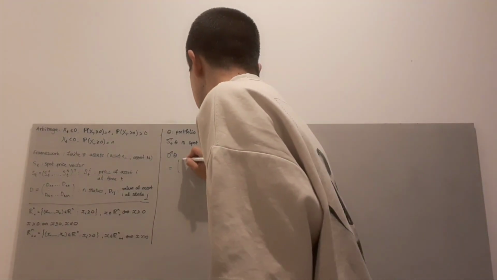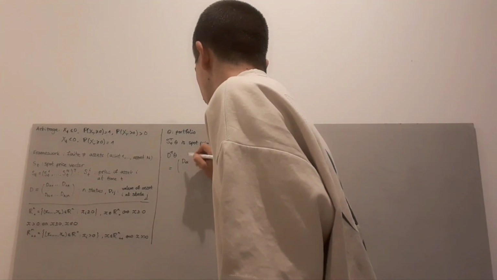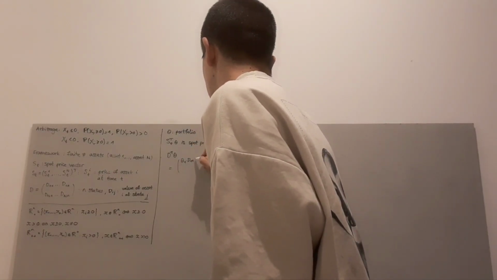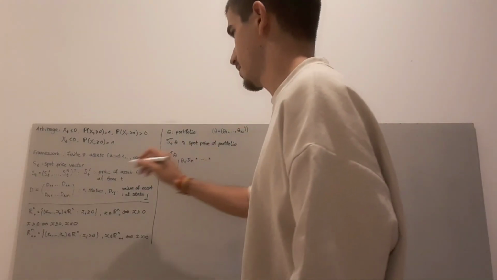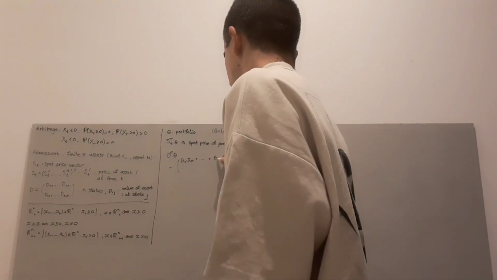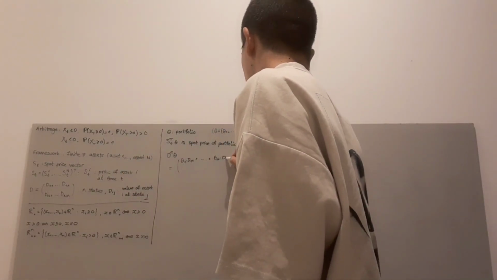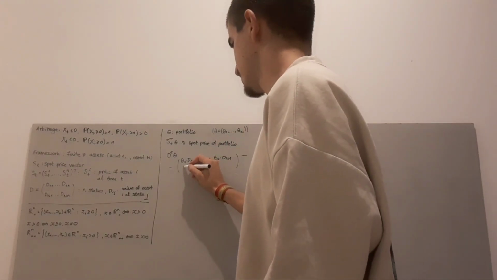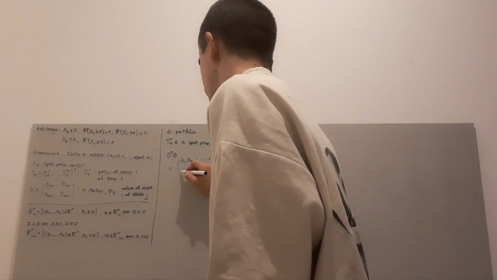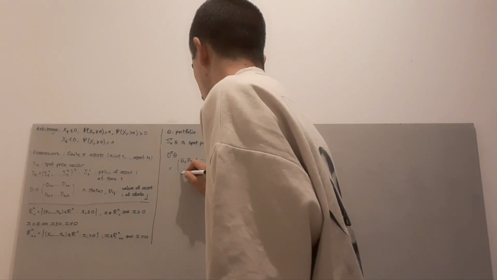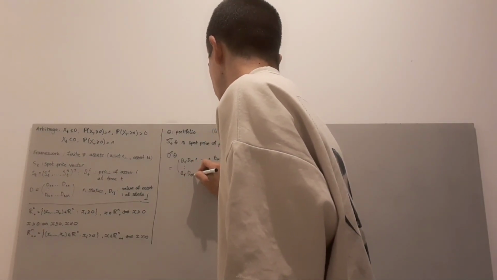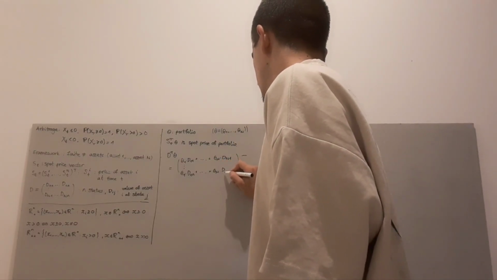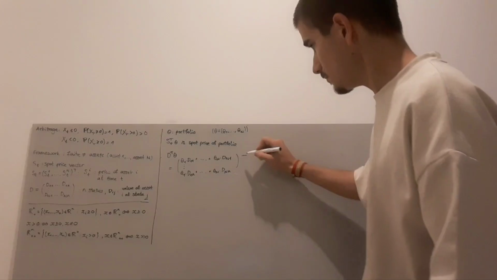Well, this would just be theta 1 times d11 plus dot, dot, dot, plus theta big N times dN1. So that's going to be the first row, and then all the way down to the nth row, which is going to be theta 1 times d1n plus dot, dot, dot, theta big N times d big N small n.